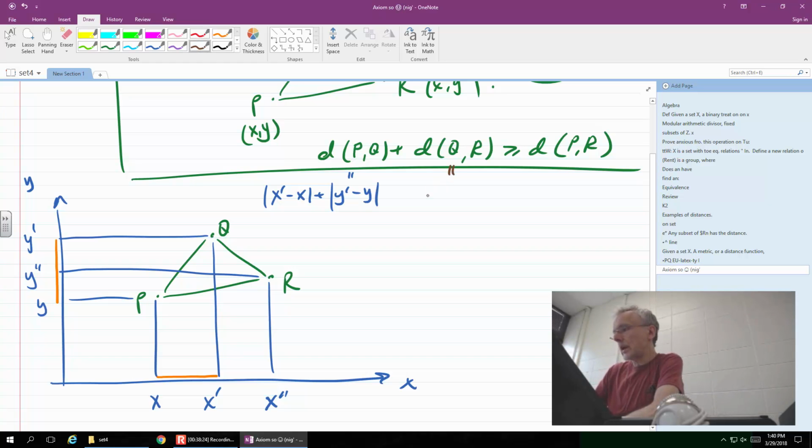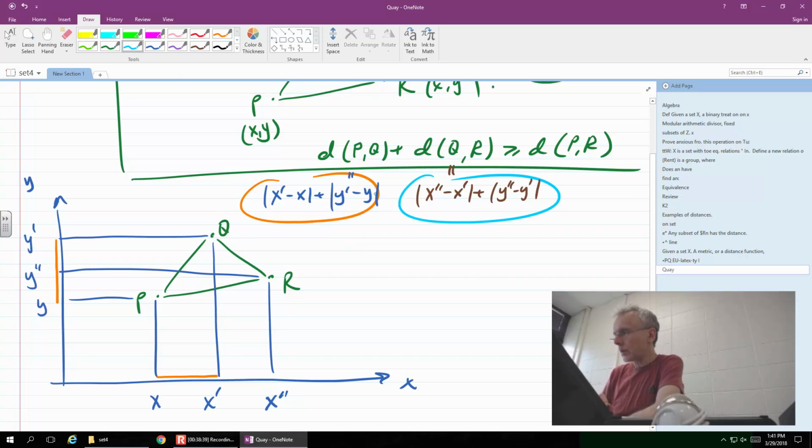It will be |x double prime minus x prime| plus |y double prime minus y prime|. Let's find these. The orange terms are here, I plotted them. Let's make these blue. So x double prime minus x prime, this one, and the y term, this one.